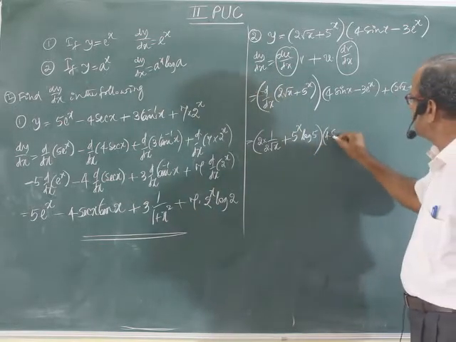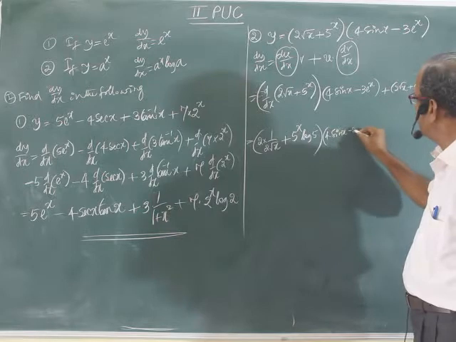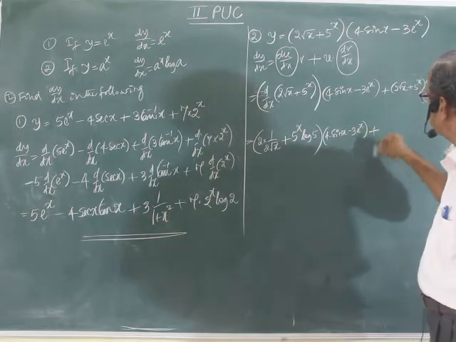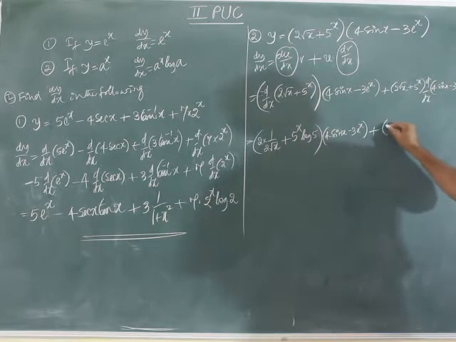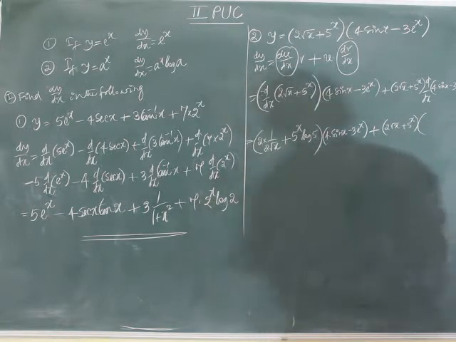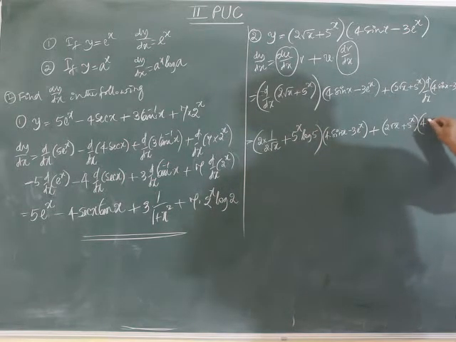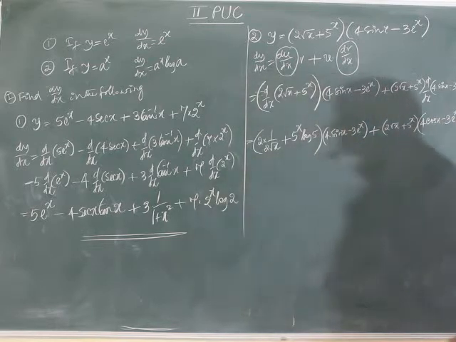Second function as it is: 4 sin x minus 3 e to the power x as it is. 2 root x plus 5 to the power x as it is. The derivative of this is 4 into cos x minus 3 into e to the power x, the derivative of e to the power x.